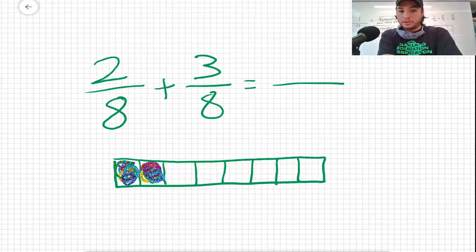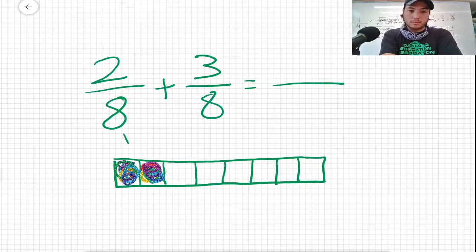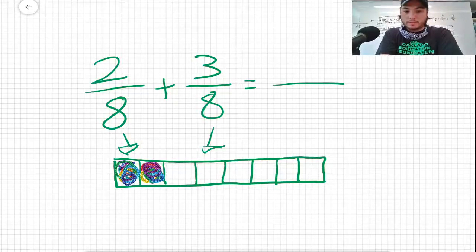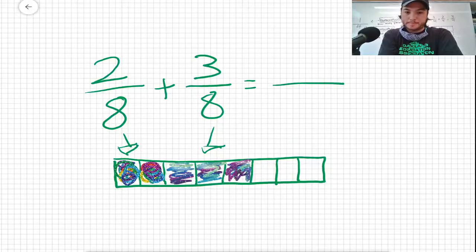Okay, so here's our 2/8. And now I'm going to add our 3/8. I'll use the other rainbow pen so we can see the difference. Same size, but I'm just differentiating which addend we're moving in here.